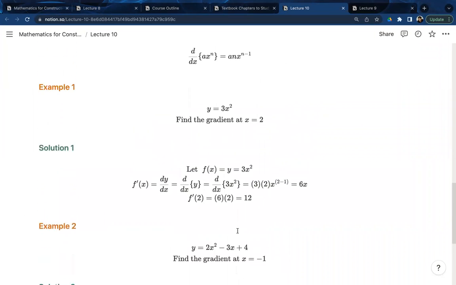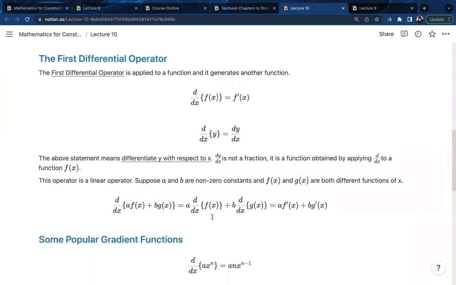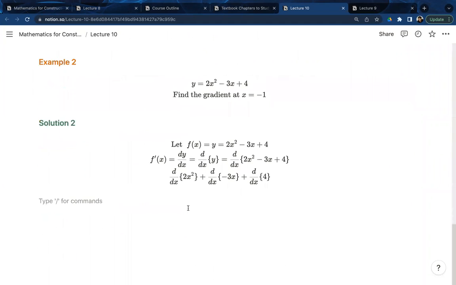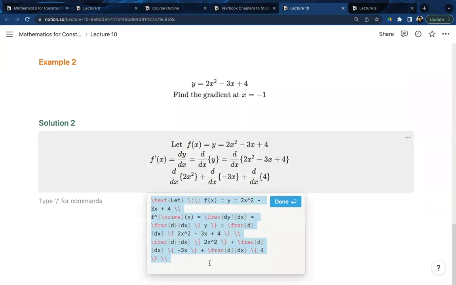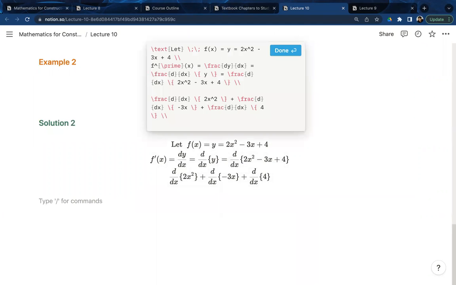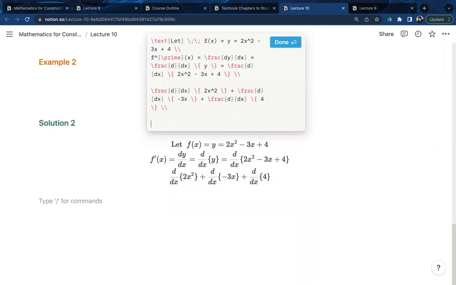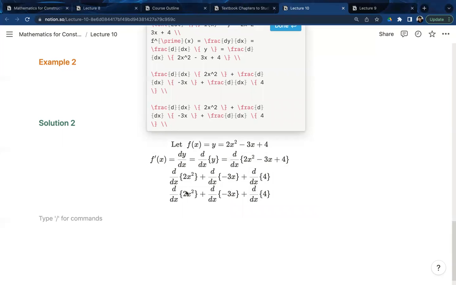This rule up here says that the constants in front of a function, you could throw outside the differential operator. So I could rewrite this line again like this, and put the constant in front of the operator.